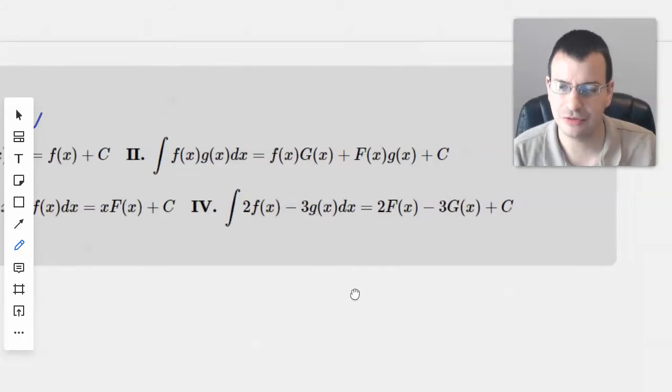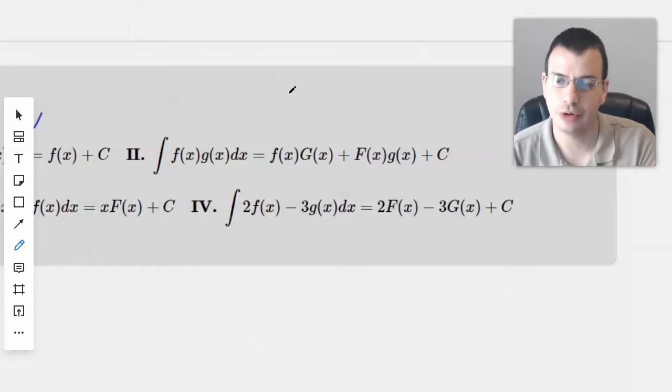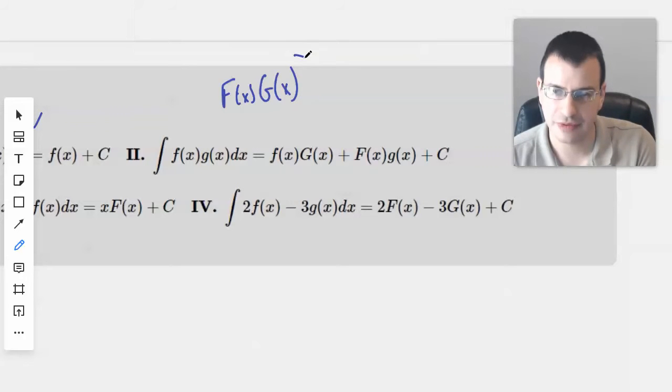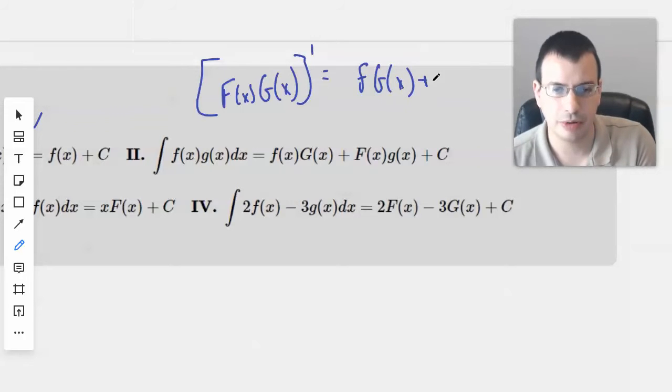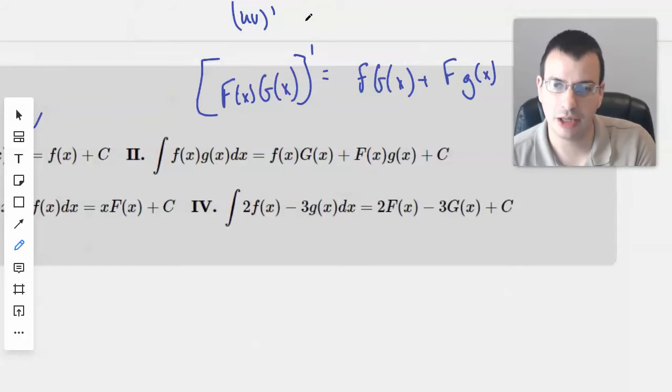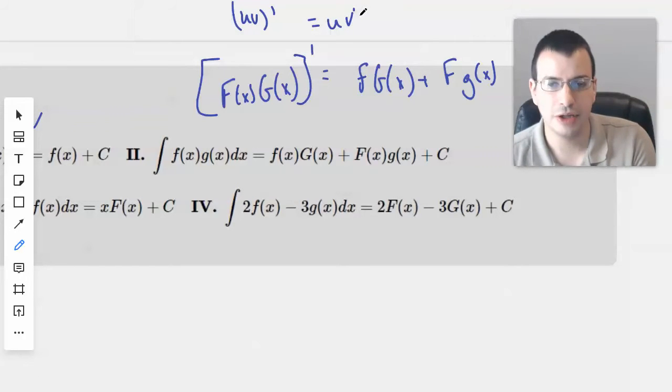So this kind of sort of looks like the product rule. If you had f of x times big G of x, and you took the derivative of this, then you would get something like f g prime plus f prime g, which is the same as (uv)' equals uv' plus u'v.